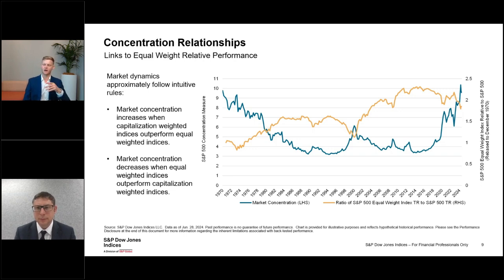In that sharp decline, just to give some historical numbers, we saw about a 5% decrease in the concentration of the top 5 names in the S&P 500. And over that period, we saw the equal weight outperform the market cap weight by about 16%. Of course, there are other factors at play, which we're going to go into very shortly, but just to give investors an idea of how much that difference in performance can be when we do see concentration subsiding.